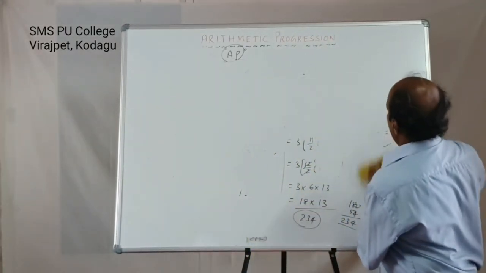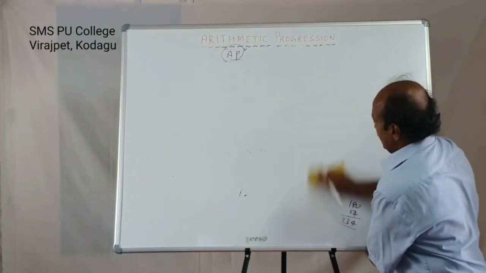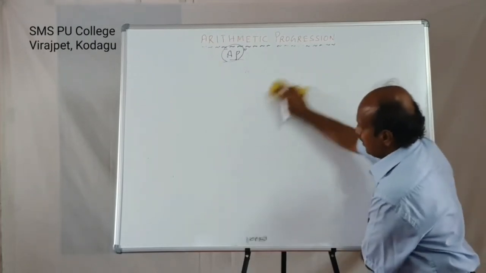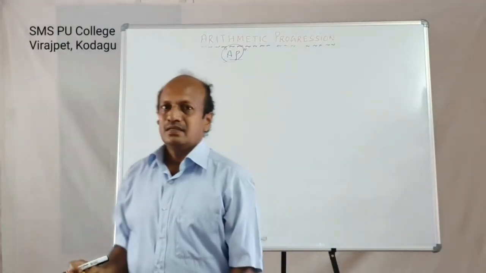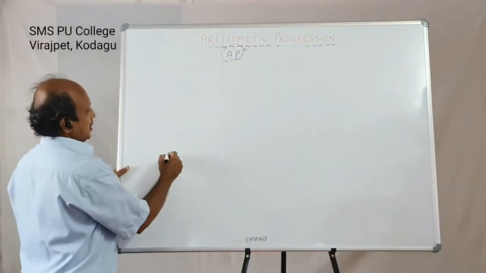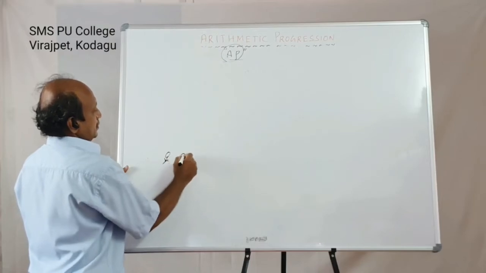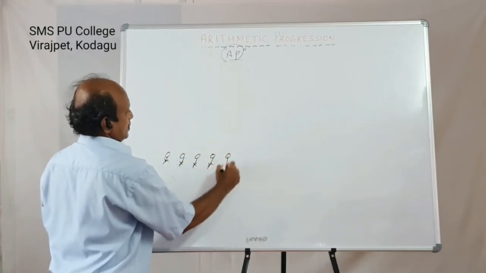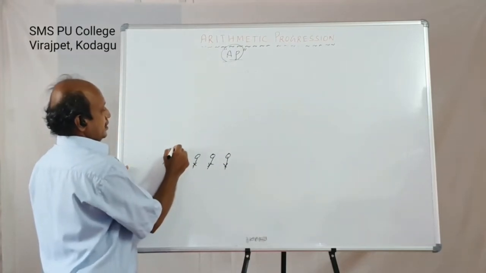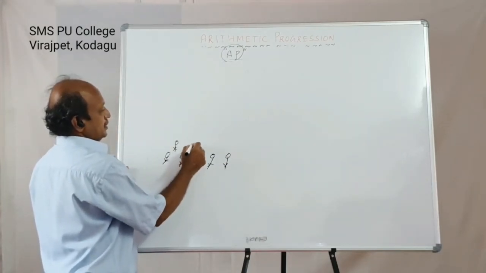Similarly, during your sports day, most schools conduct a pyramidal formation. For example, at the base there will be 6 members. Again, here 5 members will come up.